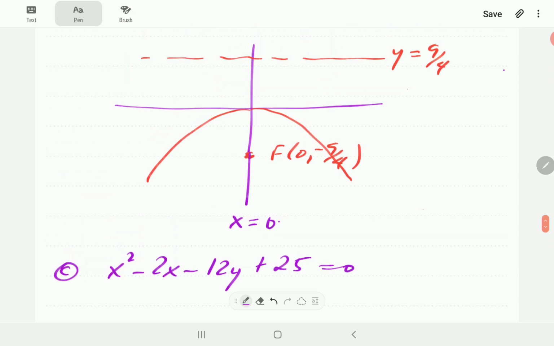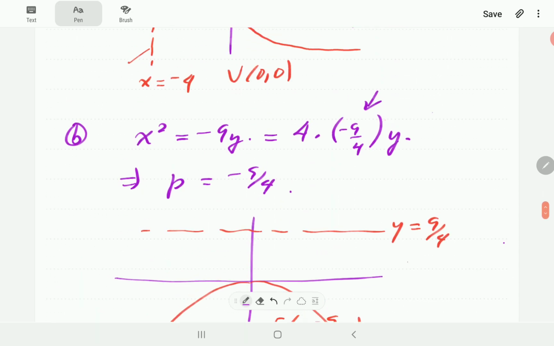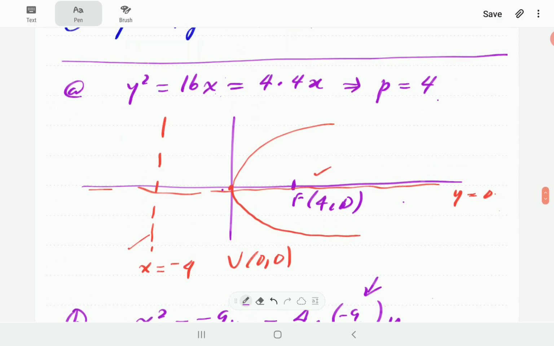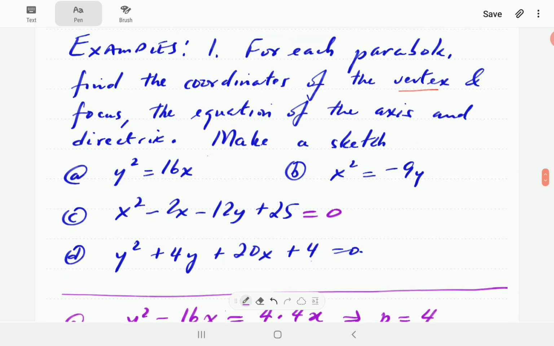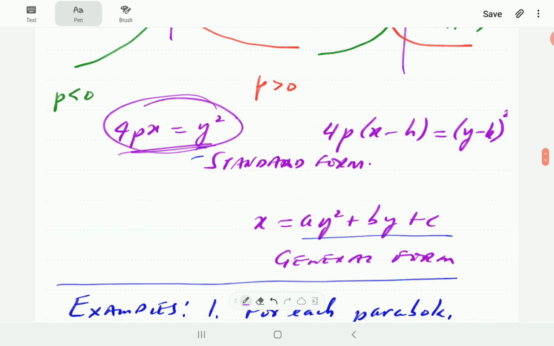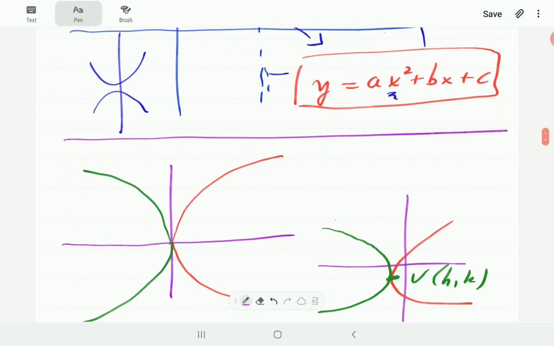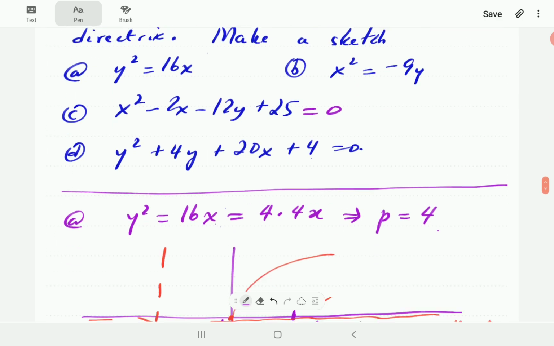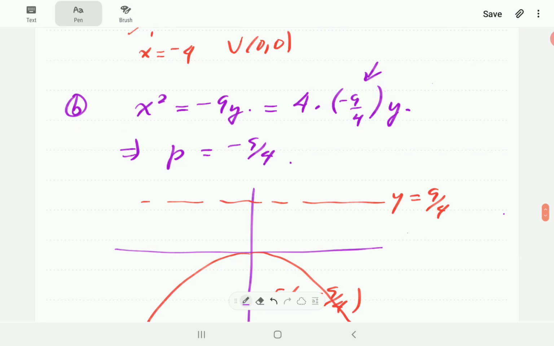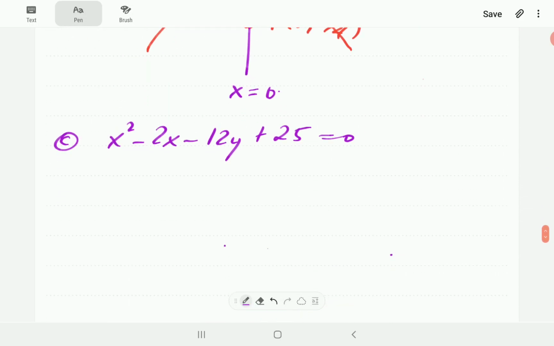So here the idea is to first separate the x and the y variables. You can see that in each of these forms the x's are on one side and the y's are on the other side. Okay, and then complete the square on the side with a squared term.